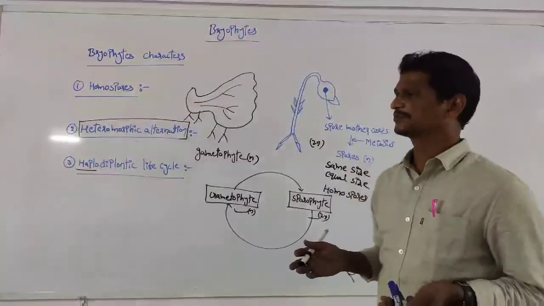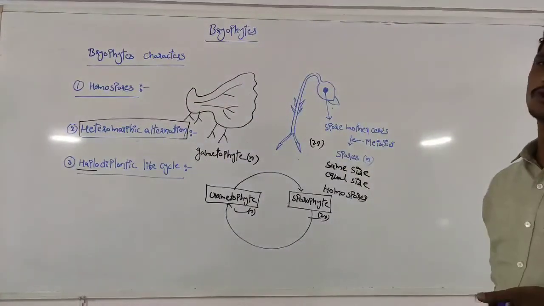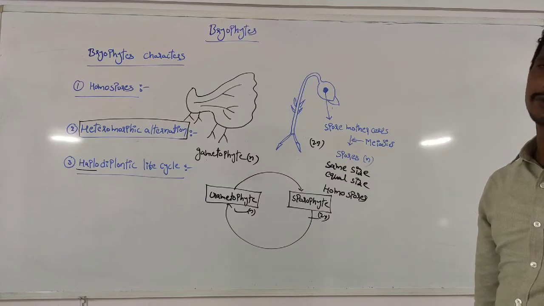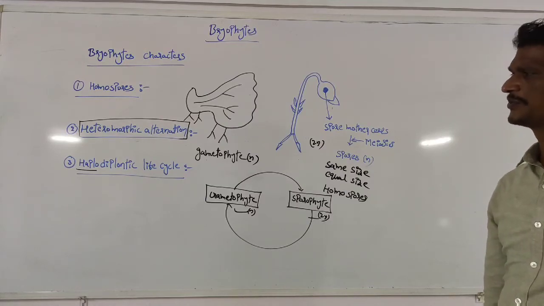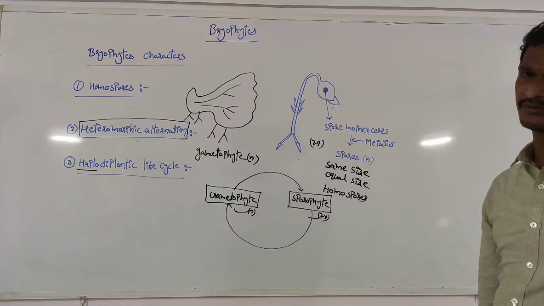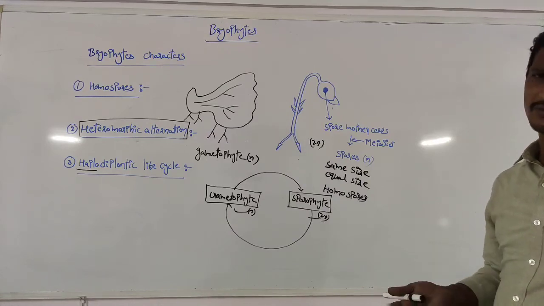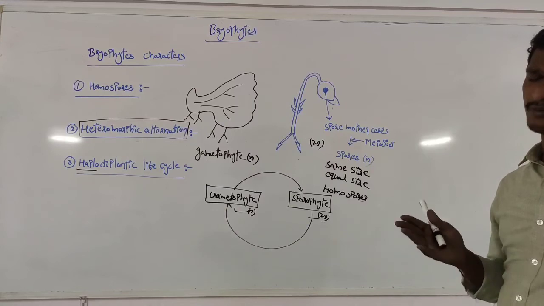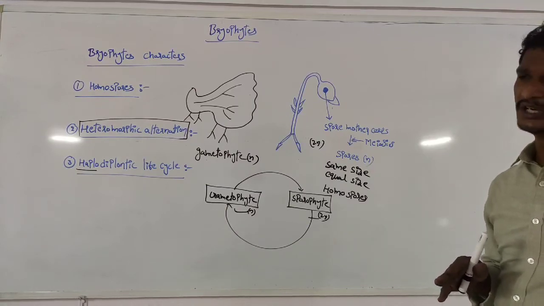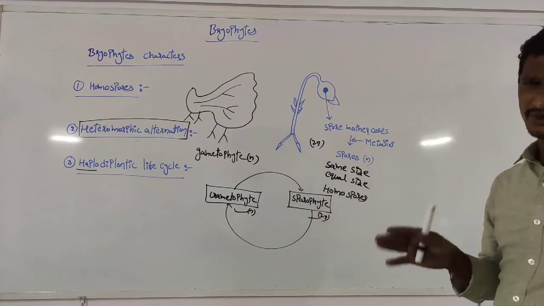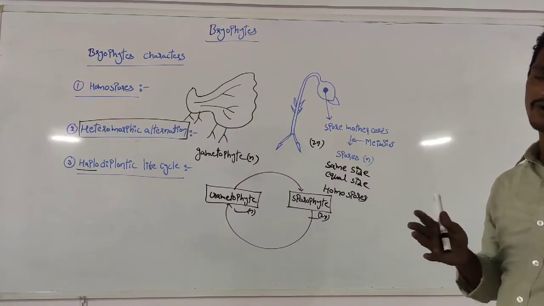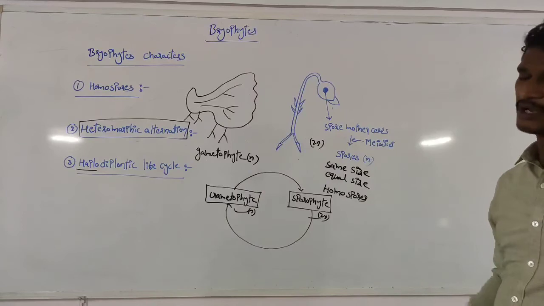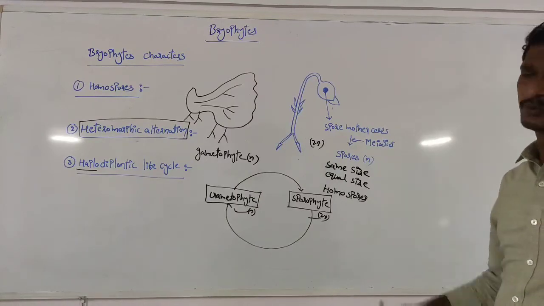Among the characteristic features of bryophytes, homospores means that after the meiosis process, equal-sized spores are produced. Heteromorphic alternation means that within the same plant life cycle, two different morphologies are there: one is the gametophyte, the other is the sporophyte.